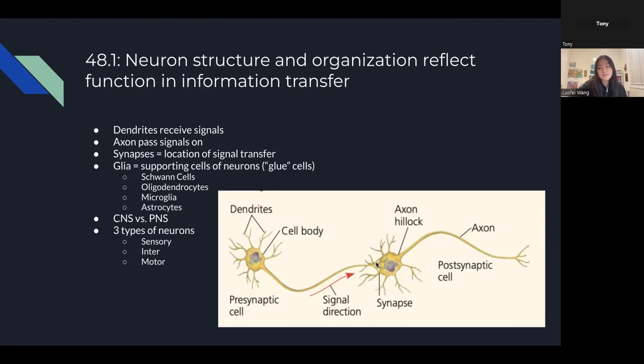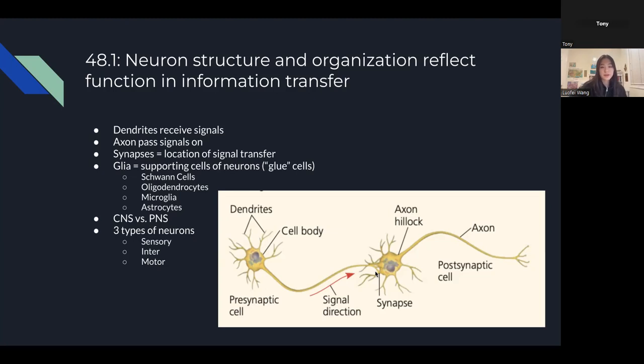So neurons transfer electrical signal information throughout the body to the brain and back. The information is passed throughout the neuron, but also transferred to the next neuron through synapses, which are between the axons and the dendrites.